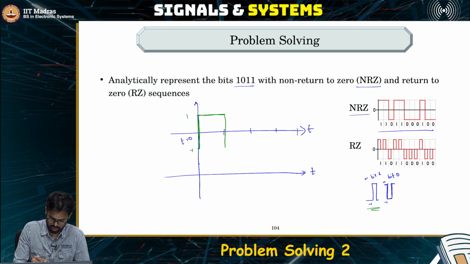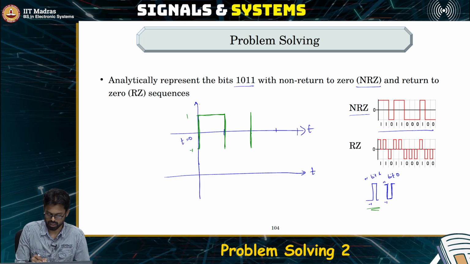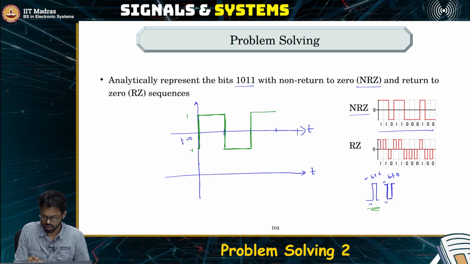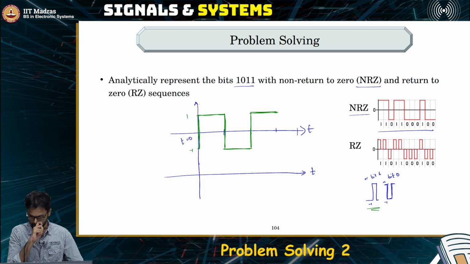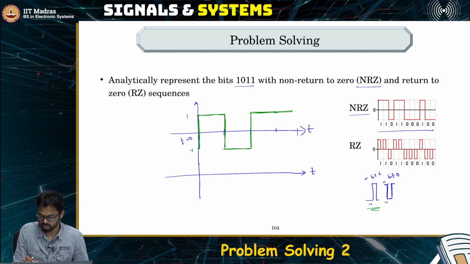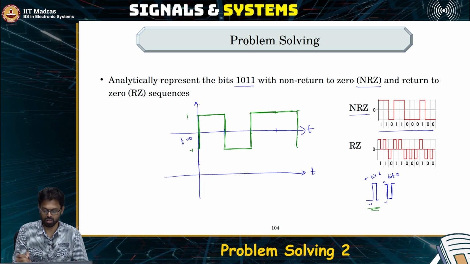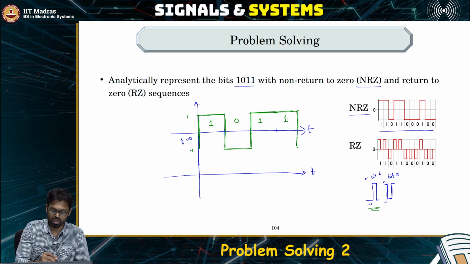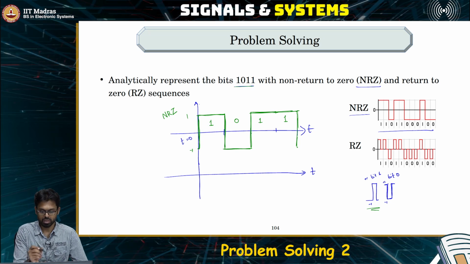So we have the next time slot to look like this. And the third time slot, the bit is 1, which means it remains here. And for the fourth time slot, the bit is once again 1, so it will remain at plus 1. So we have 1 0 1 1. So this is the non-return to 0 signal representation of the bit sequence 1 0 1 1.